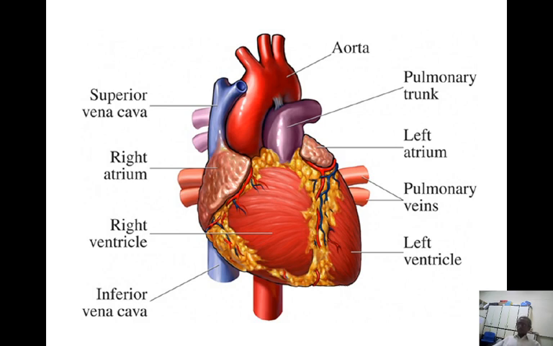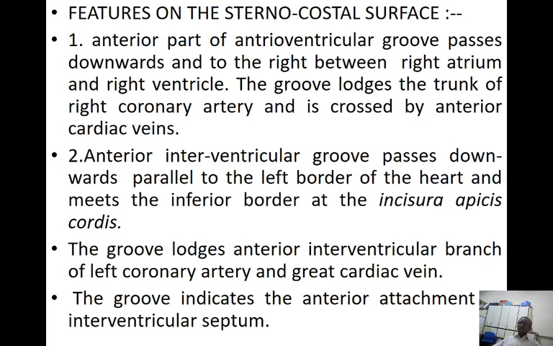Features of the sternocostal surface. The anterior part of the atrioventricular groove passes downwards and to the right between the right atrium and ventricle. The groove lodges the trunk of the right coronary artery and is crossed by anterior cardiac veins.